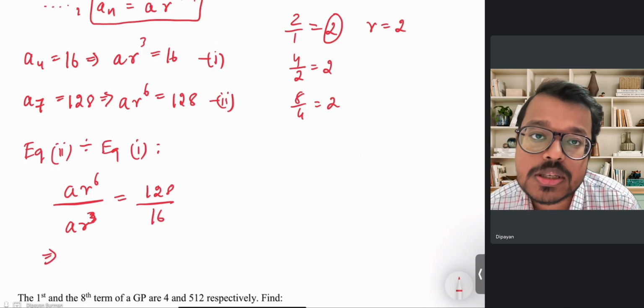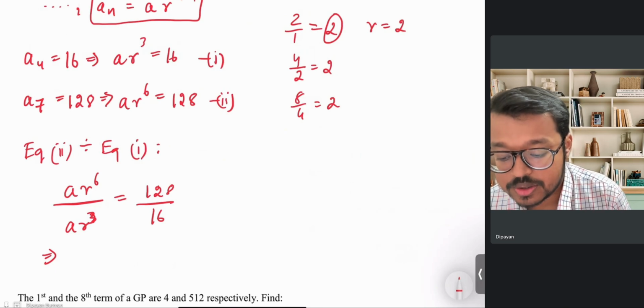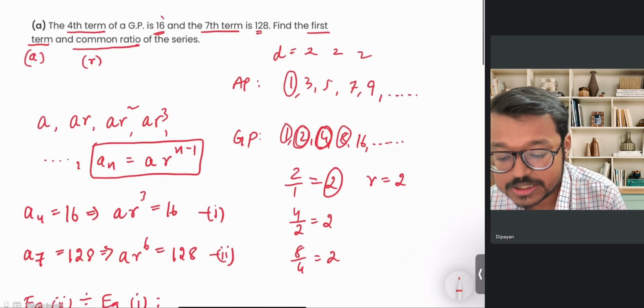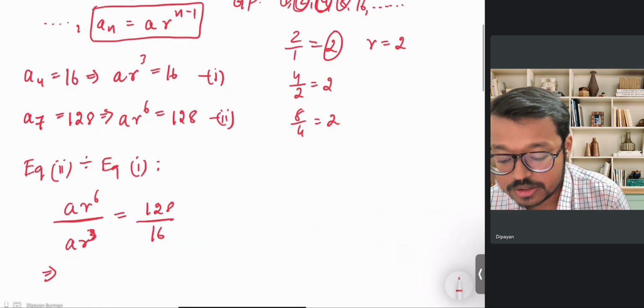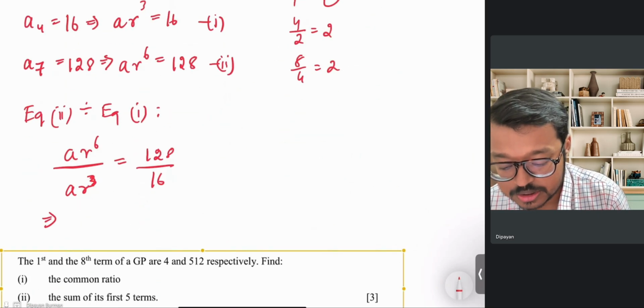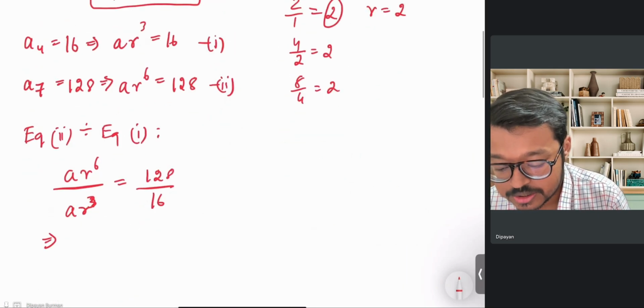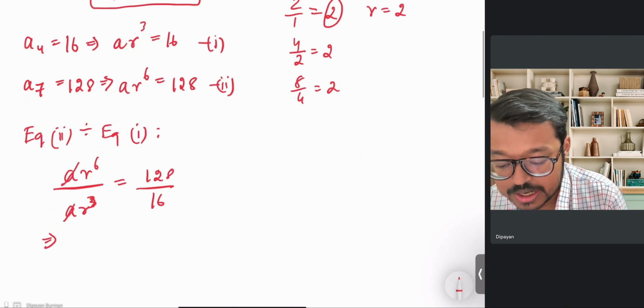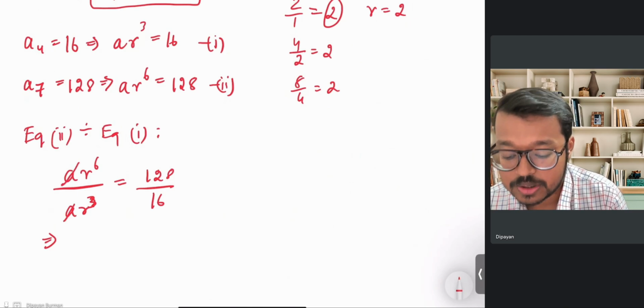Now the first term is not 0 because the other numbers are positive, 16 and 128. So I can easily cancel out the first term, that is A, and I will have R to the power 6 by R to the power 3.